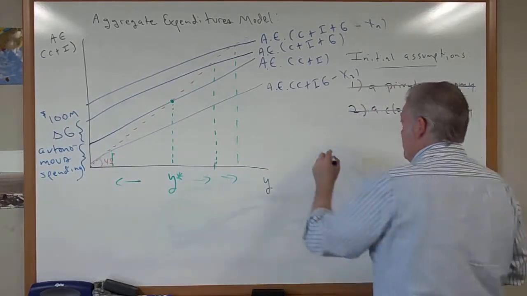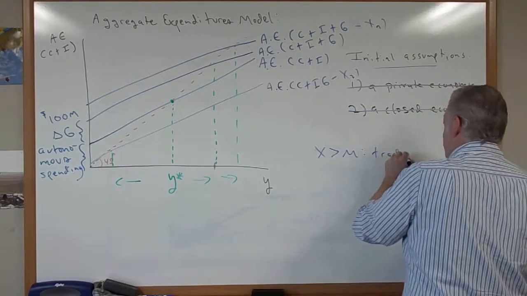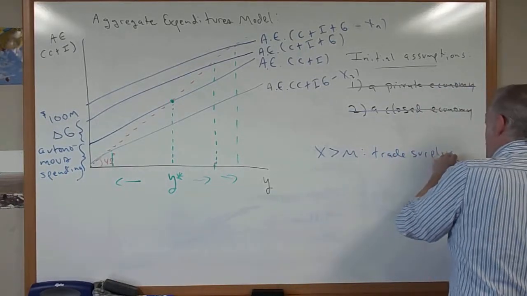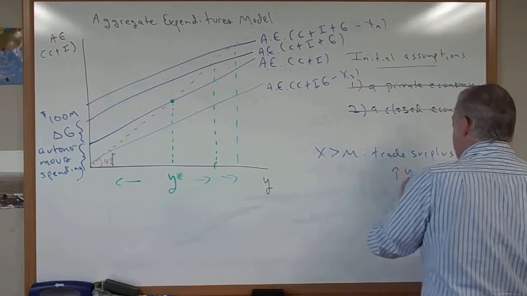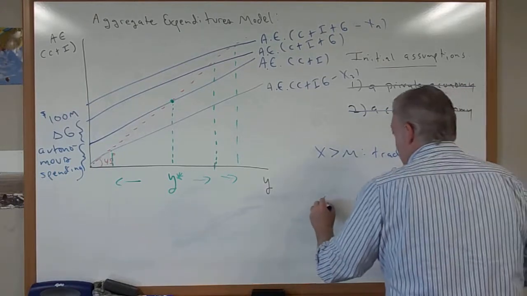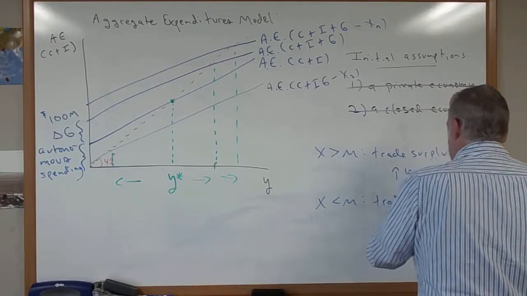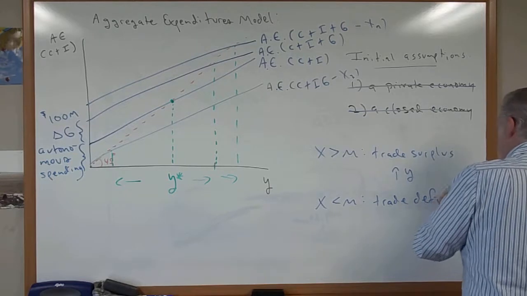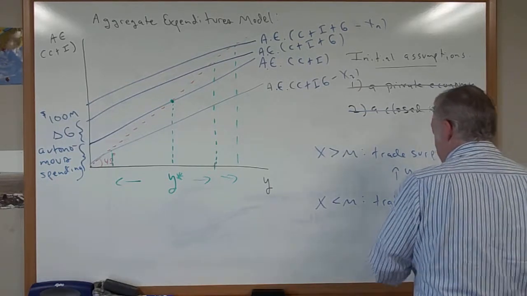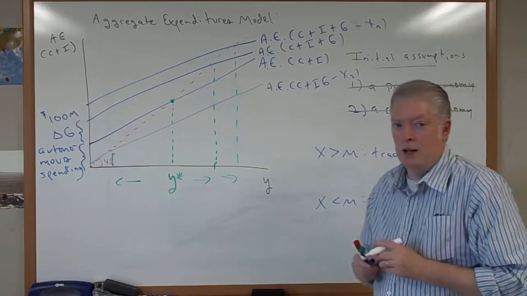So the thing to know about this is exports being greater than imports results in what's known as a trade surplus, and the effect on GDP is positive, so there's an upward movement of GDP. And if exports are less than imports, then we have a trade deficit. And this is where the United States has been for most of the last 60 years, and it has a drag on GDP. So imports have that effect of bringing down national income.